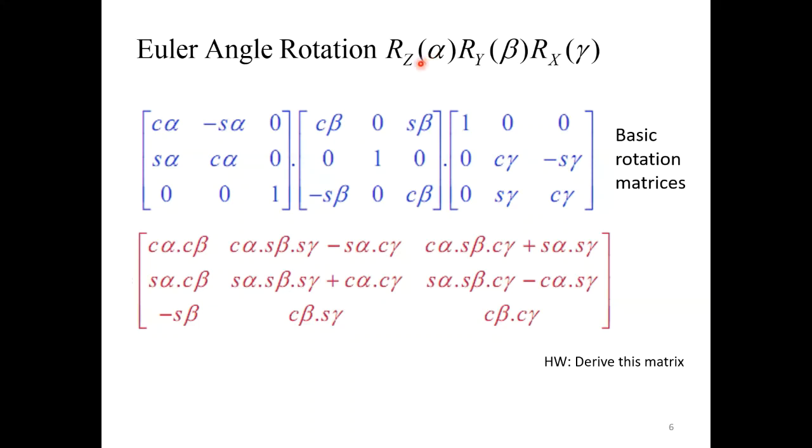So the first one, R Z alpha, is like this. The second one, R Y beta, is like this. The third one, R X gamma, is like this. Now you multiply them together, right?